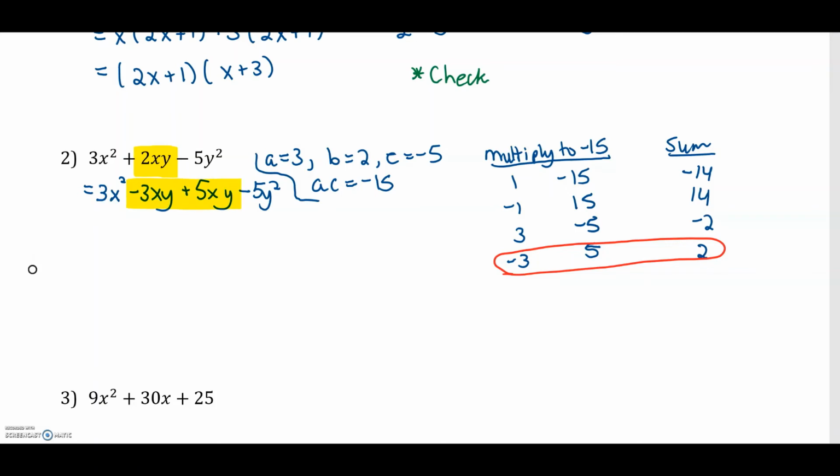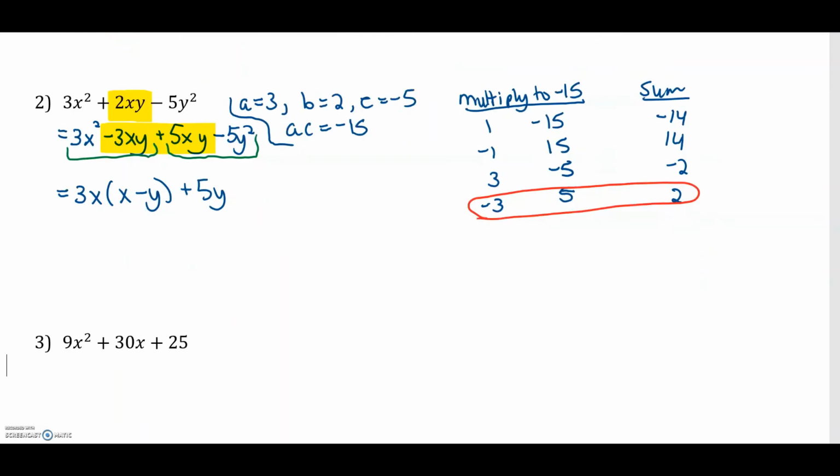Okay, now we can group the terms and factor out of each of those groupings. So the first common factor is 3x, and we're left with x minus y. And in the second grouping, we have a common factor of 5y. So when we factor out 5y, we're left with x minus y.